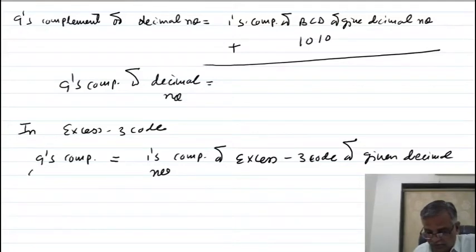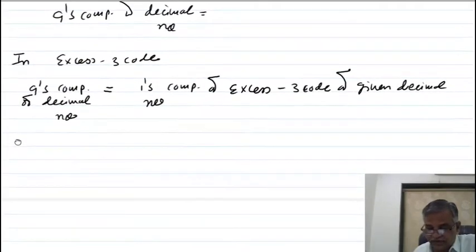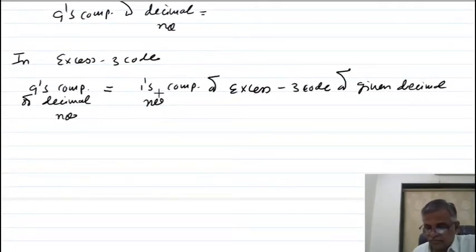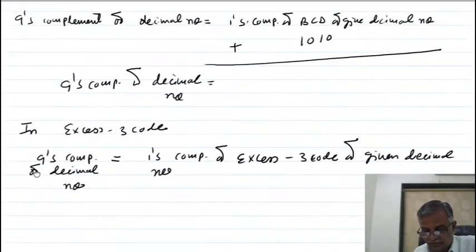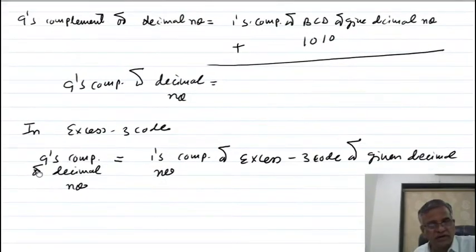Listen, the 9's complement of a decimal number can also be obtained as the first complement of the XS3 code of the given decimal number. So remember these two. On the basis of these two, I am solving some numericals.